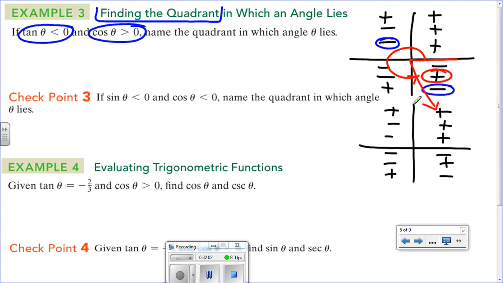Okay, so sine is negative here and here. And then the cosine is negative only in the third quadrant out of those two. So this is negative, and this is negative. Remember, less than 0 is negative, greater than 0 is positive.